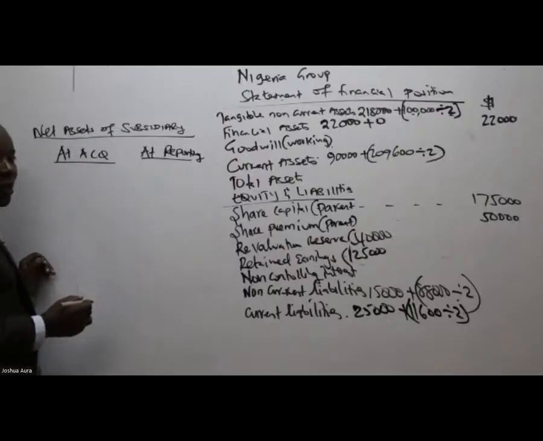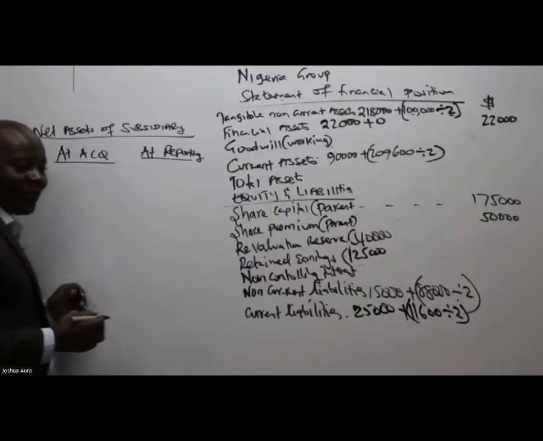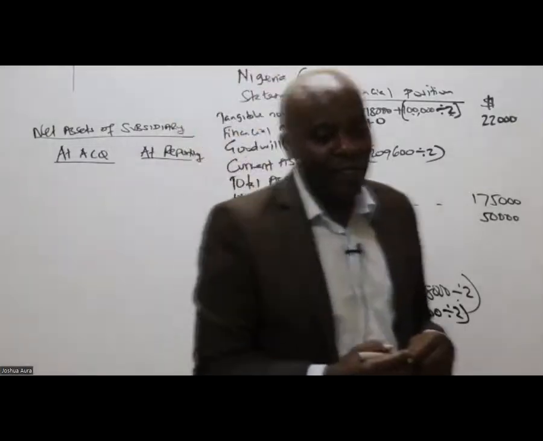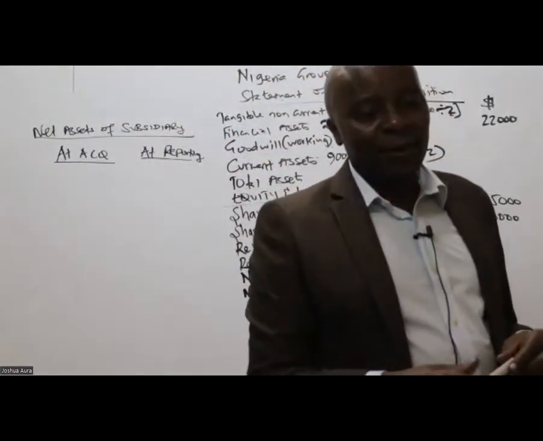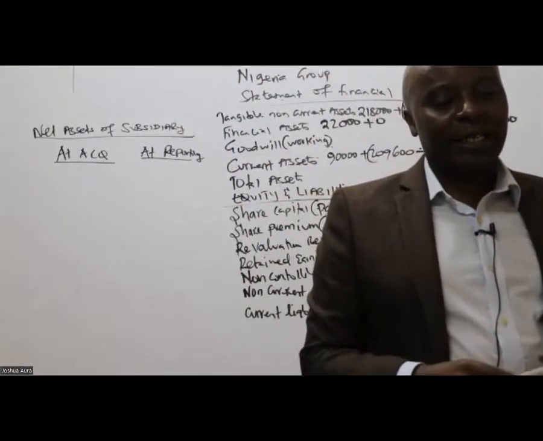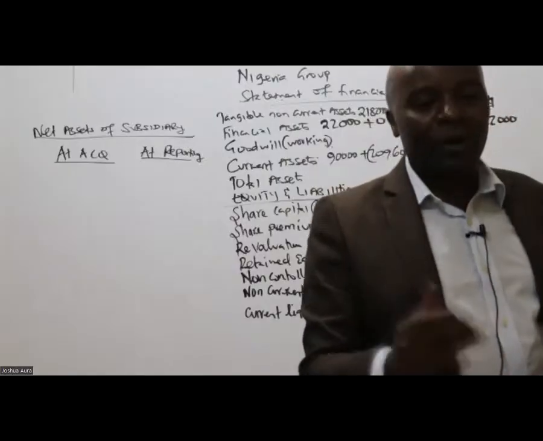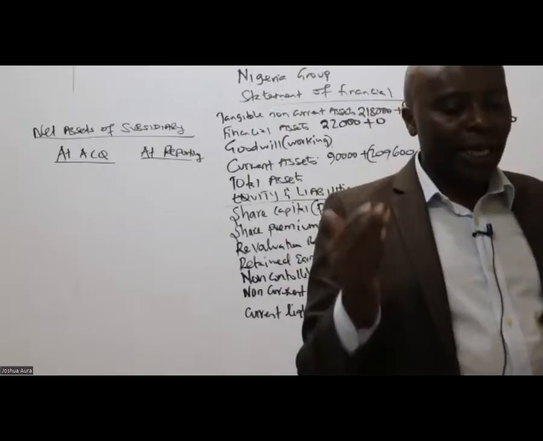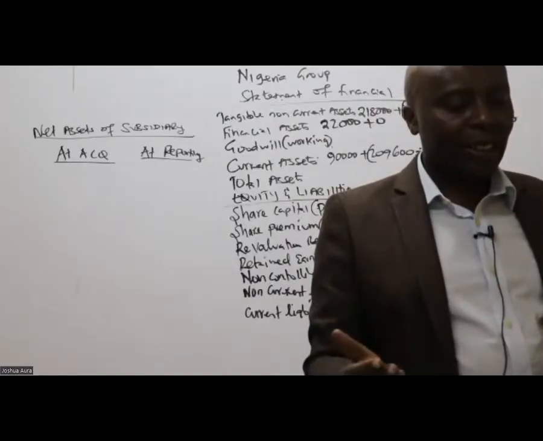At reporting. Could you be kind enough and give me examples of net assets? When the examiners talk of net assets, what comes to your mind? Can somebody talk to me? Thank you very much, Nimrod. Things like equity, share premium, isn't it? Retained earnings, isn't it? Fair value adjustment, right?